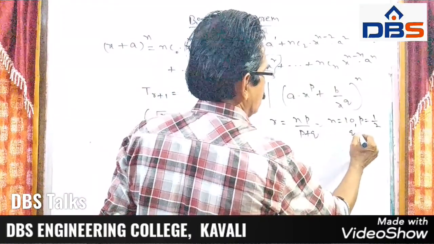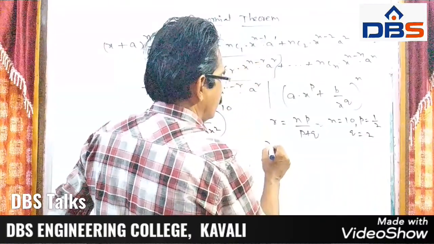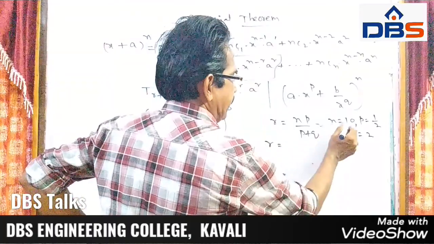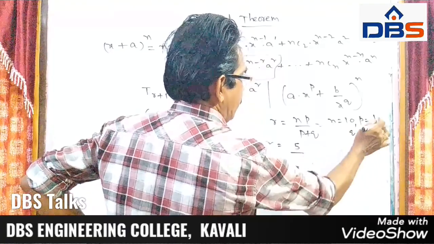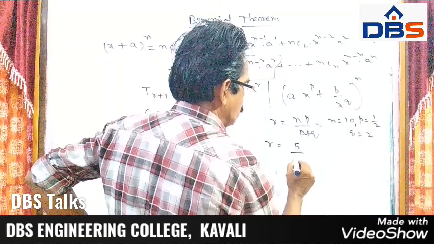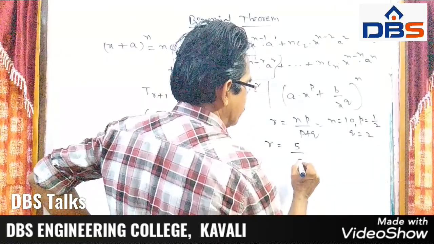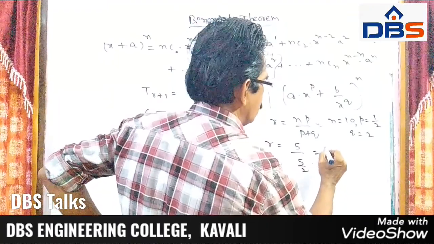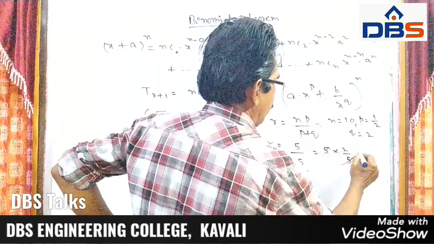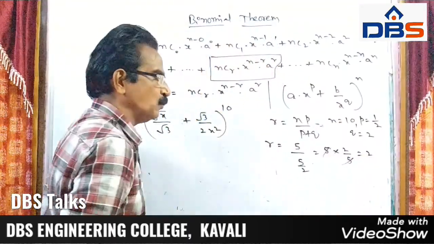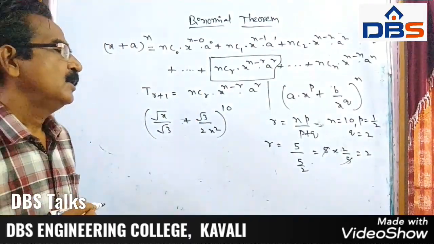Here q is equal to 2. R is equal to np, 10 into 1 by 2, 5 by p plus q, 1 by 2 plus 2, 2 and half, which means 5 by 2. This is equal to 5 into 2 by 5. 5 gets cancelled. R is equal to 2.